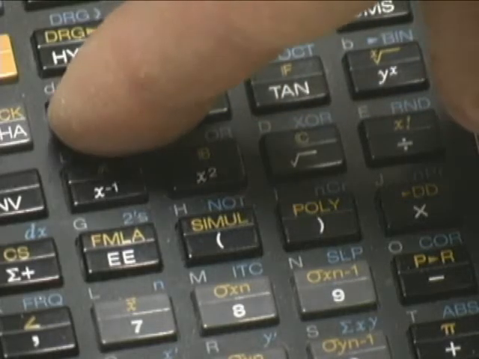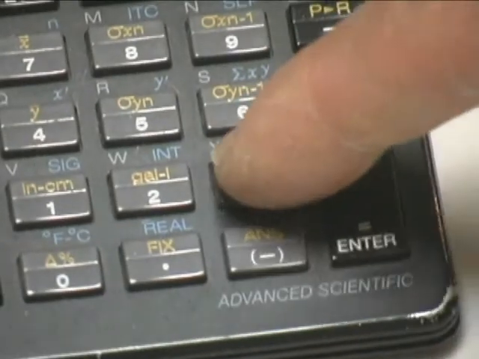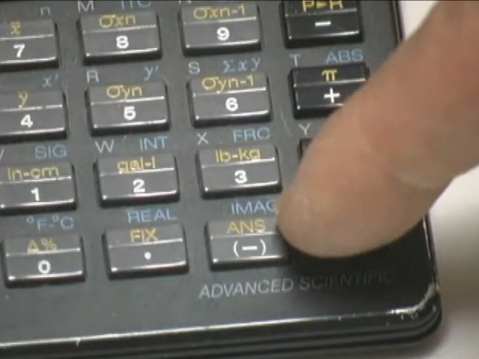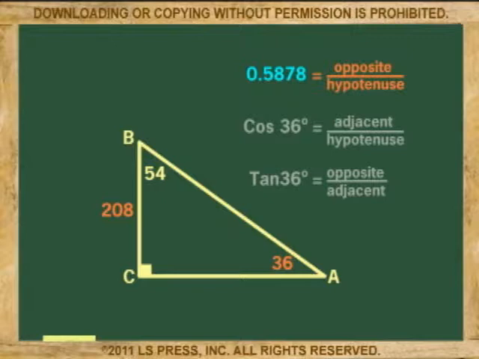From the calculator we find the sine of 36 degrees. It is 0.5878. If we set up the ratio for the sine, which is the opposite side over the hypotenuse, the size of the hypotenuse will be found.